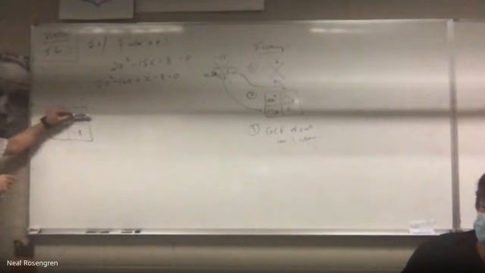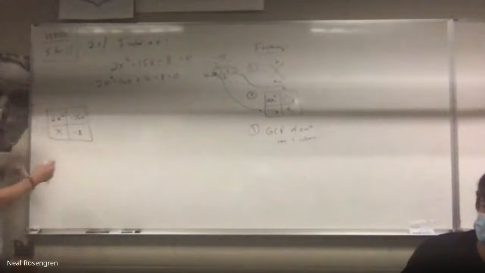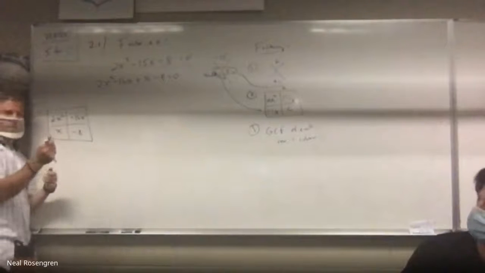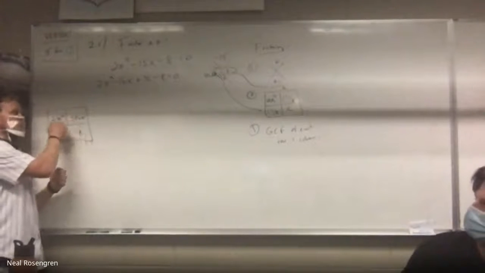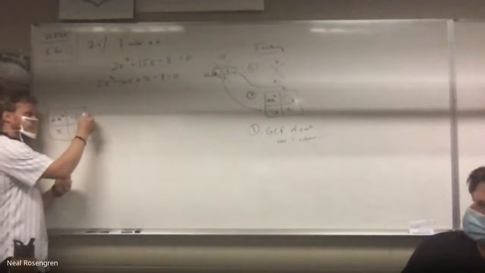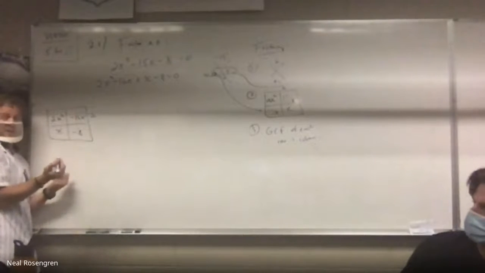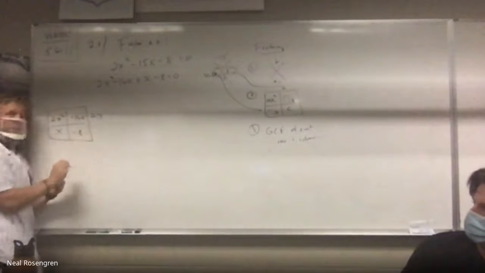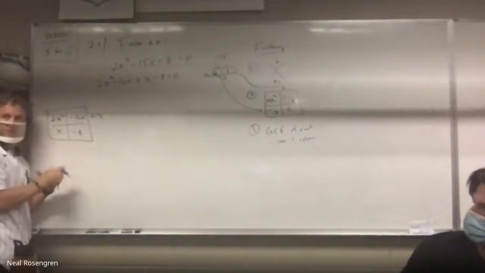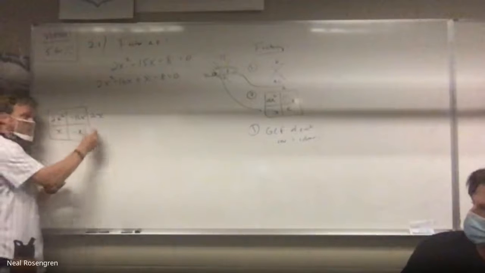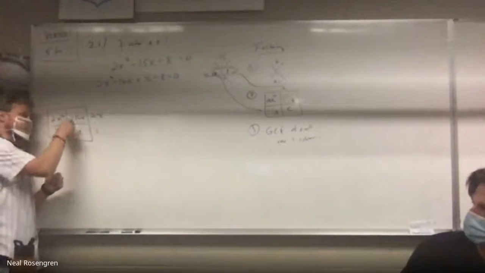Okay, so 2x squared and negative 16x. Greatest common factor. What number goes into both 2 and negative 16? If you've got x squared and x, how many can I take out without taking too many? Just x, right? Can't take more than I've got. Okay, what about x and negative 8? What do they have in common? Just 1, right? And I know you got these negatives here, so we got to keep an eye on that.